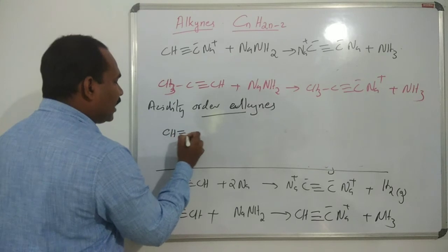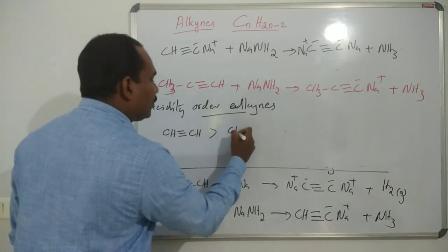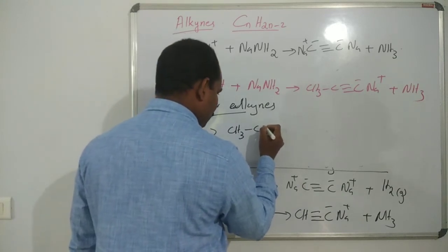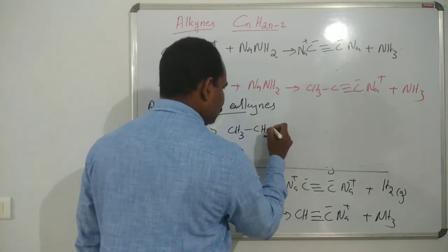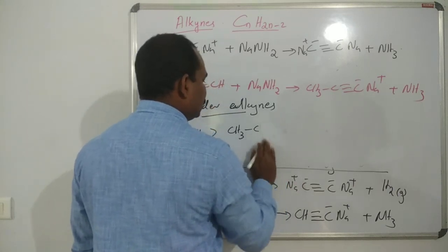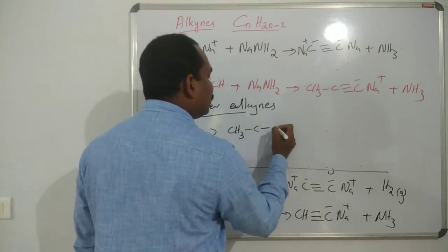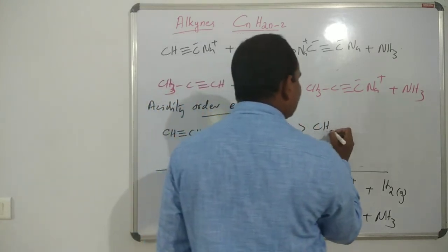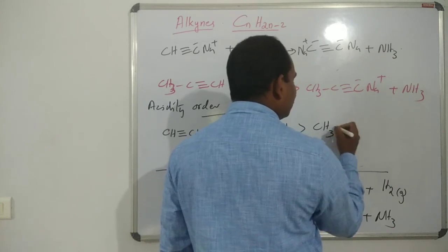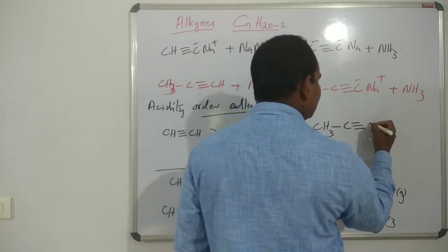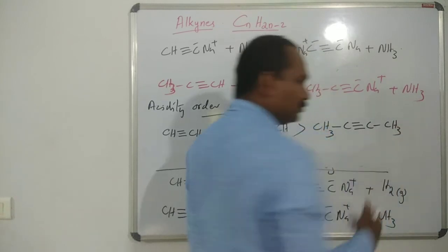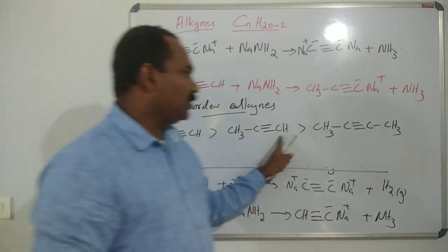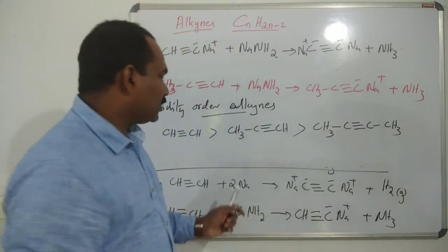Ethyne is more acidic than propyne, which is more acidic than, especially 2-butyne. Okay, so here 2 hydrogen atoms, here 1, here none. So the acidity order is in this order.